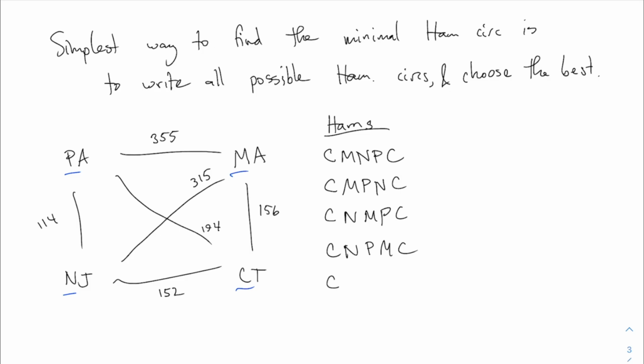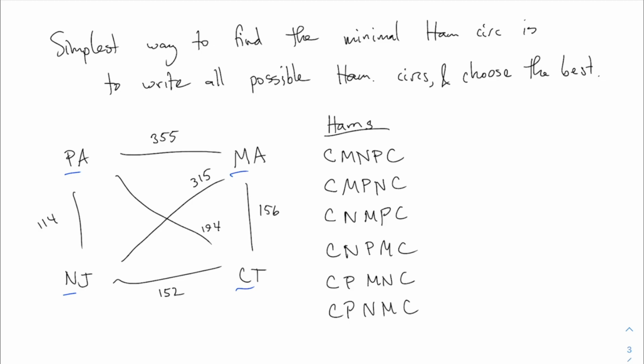It could be CPMNC or CPNMC, like that. These are all the possibilities. When you have 4 vertices total, you should expect 6 different rearrangements. That's because I'm rearranging only the 3 letters in the middle, and 3 factorial is 6. All right, those are all the possible Hamilton circuits starting and ending at Connecticut.